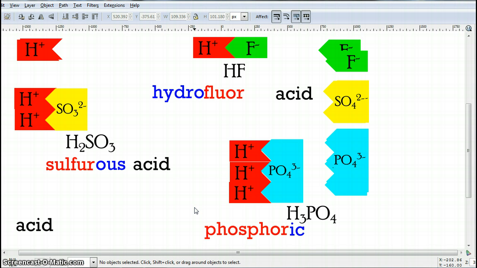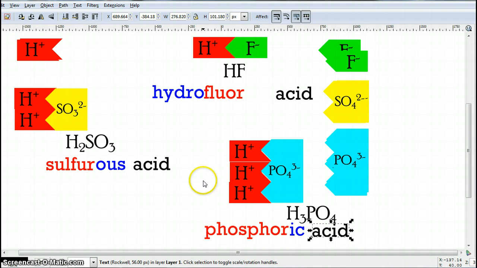But if you want to try to remember, the rule is adic-itis. It sounds kind of like a weird disease. What we mean is that if you end in ATE, you should change to IC. If you end in ITE, you should change to OUS. So again, adic-itis. So this would be phosphoric, and then we always add the ending of acid to it because acid indicates that H was in the front. So we have phosphoric acid.